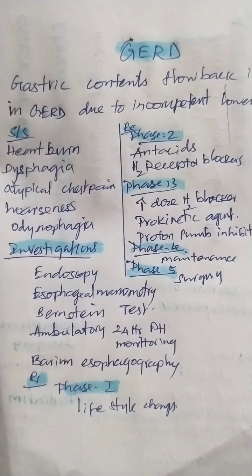This procedure can be performed laparoscopically, combined with vagotomy and pyloroplasty if associated with gastroduodenal ulcer.